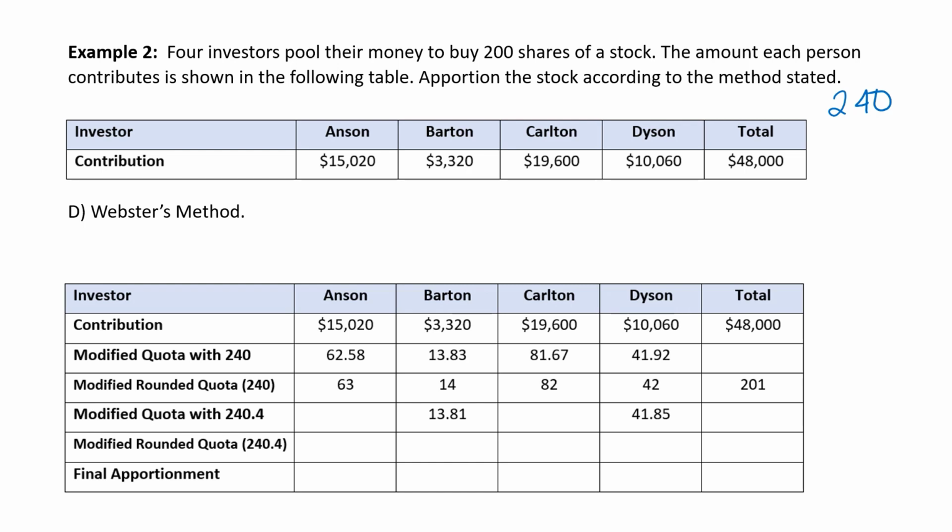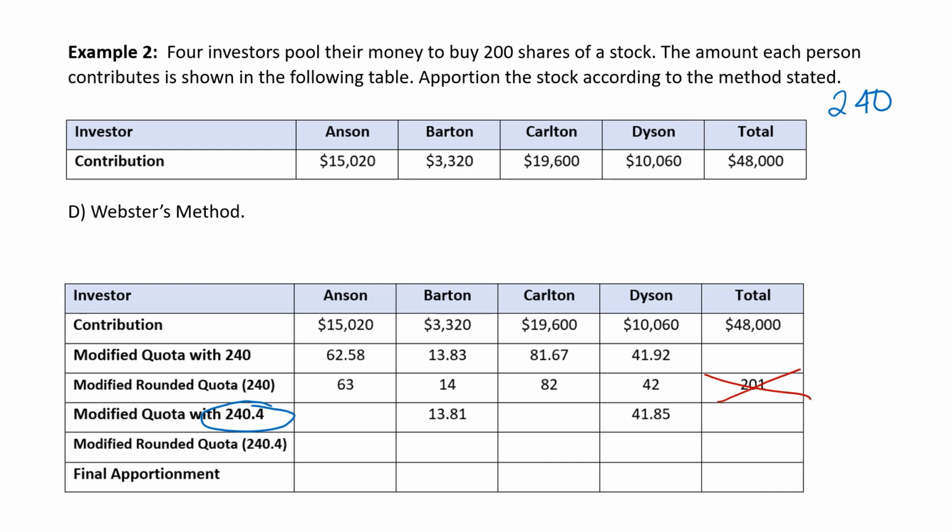The residual is 0.92. We round it up. The result is one too many. That tells us we need to make the divisor a little bit bigger. And so, after trying a few of them, I found that 240.4 works.